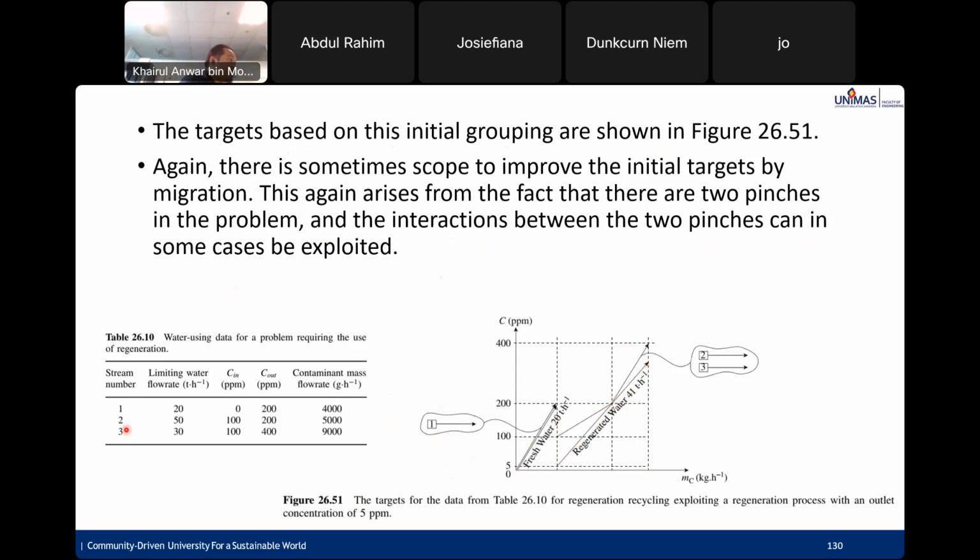For stream 2 and 3, the pinch is at 200. Total mass load below pinch for stream 2 and 3 is 8,000, 5,000 plus 3,000. Divide by the pinch at 200, minus 5, we get 41 ton per hour.